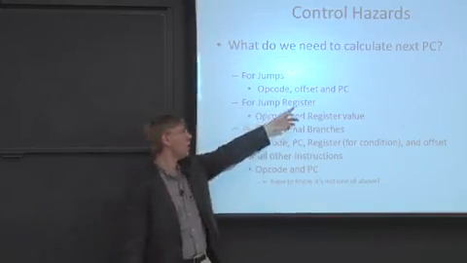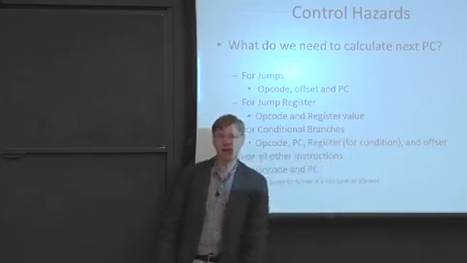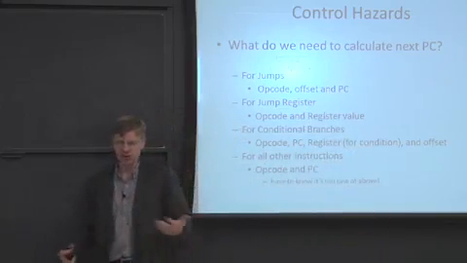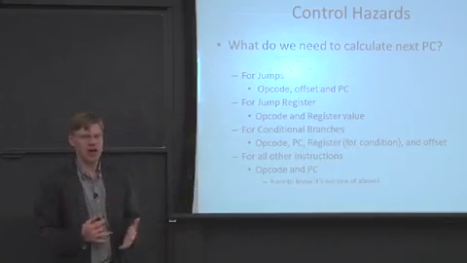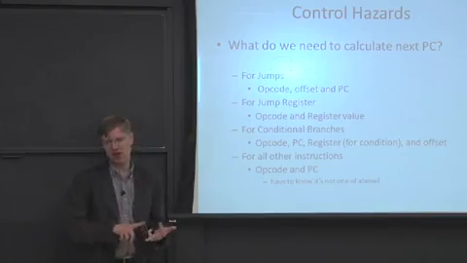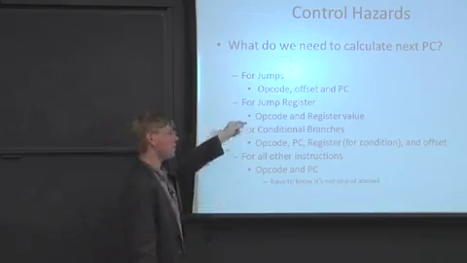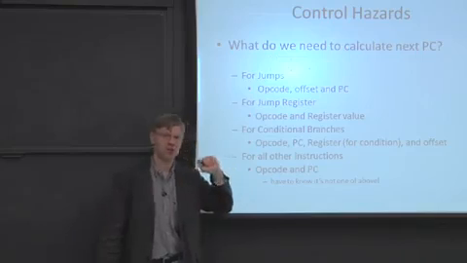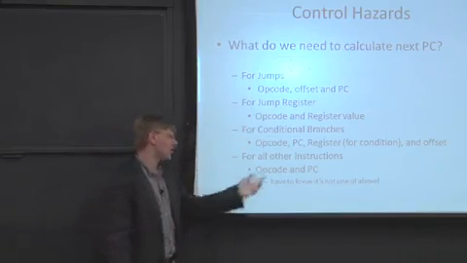We don't need to look at any offset because we are jumping directly to a register value in something like MIPS. In other instruction sets, you might need to look at other sorts of information. So you might have, for instance, a register indirect jump register type of instruction, or even a memory indirect jump instruction.